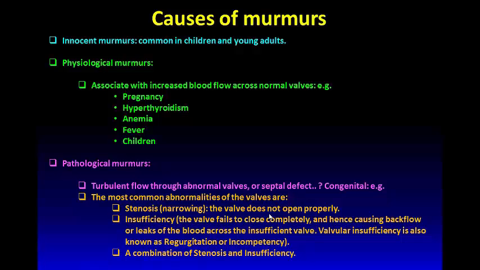Valvular abnormalities can be in the form of valvular insufficiency. And in valvular insufficiency, the valve fails to close completely when it is supposed to close. And when this happens, the valve would leak, resulting in backflow of the blood across the incompetent or insufficient valve.